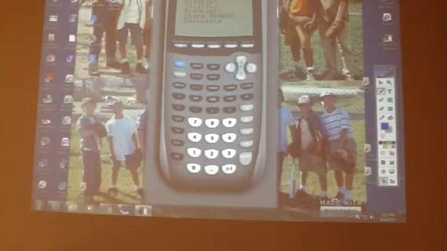Now look at yours and see if it came up just like mine. If yours didn't come up like mine, then you don't have an updated calculator, and I need to look at it. Anybody's not come up like mine? You got one that wasn't updated again?